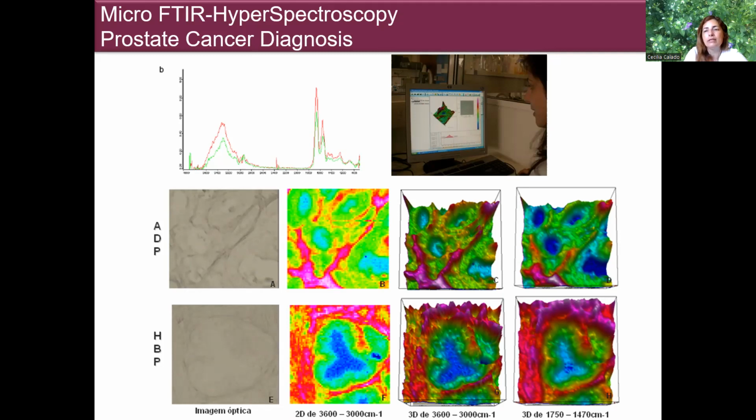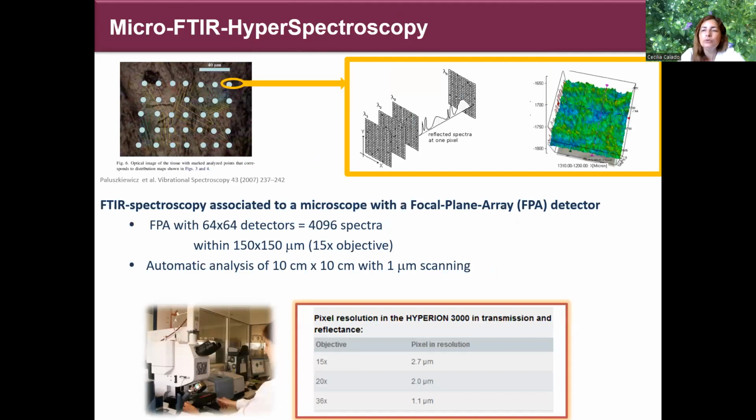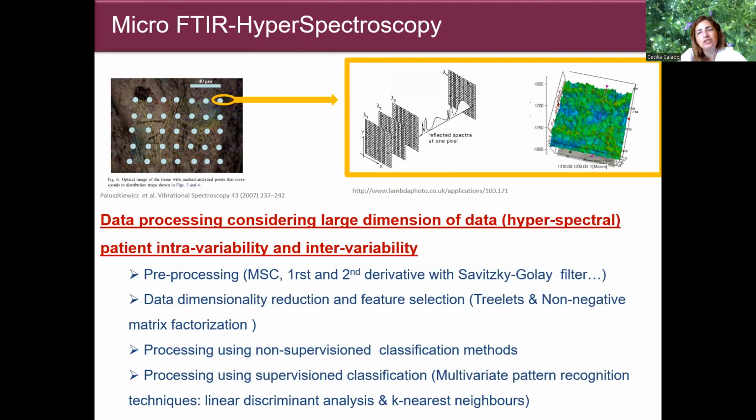So if you integrate this peak, the area, and if, for instance, this is proteins, we have the reconstruction of the distribution of the protein concentration of this sample. That is for curiosity. But we want to understand if with all these analyses we are able to achieve a diagnosis.